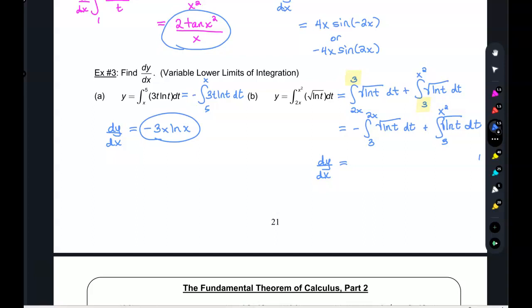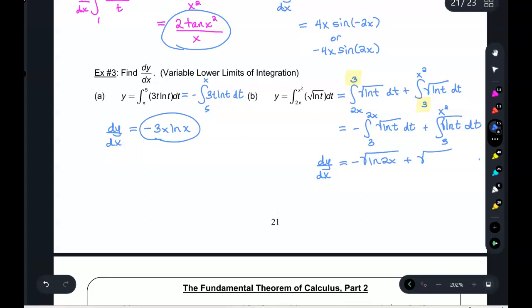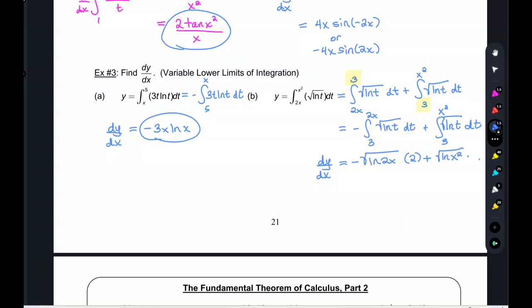So this is going to be the square root of natural log 2x, times 2, plus the square root of natural log of x squared times 2x. So I have negative 2 times the square root of natural log of 2x plus 2x times the square root of natural log of x squared.